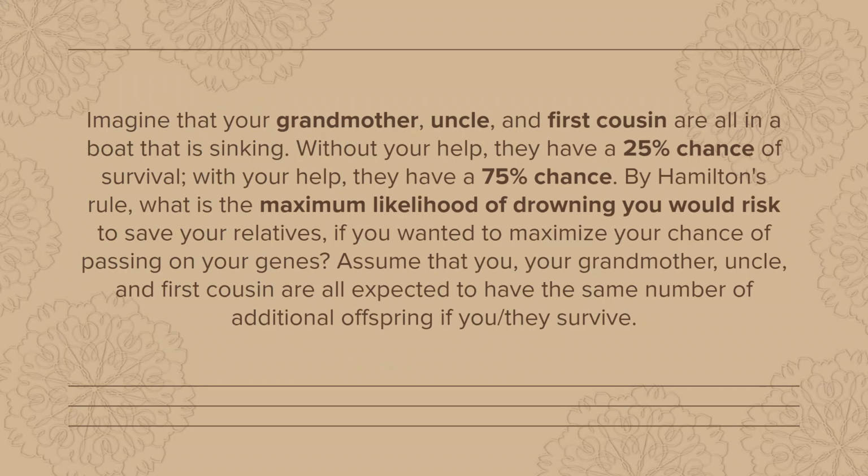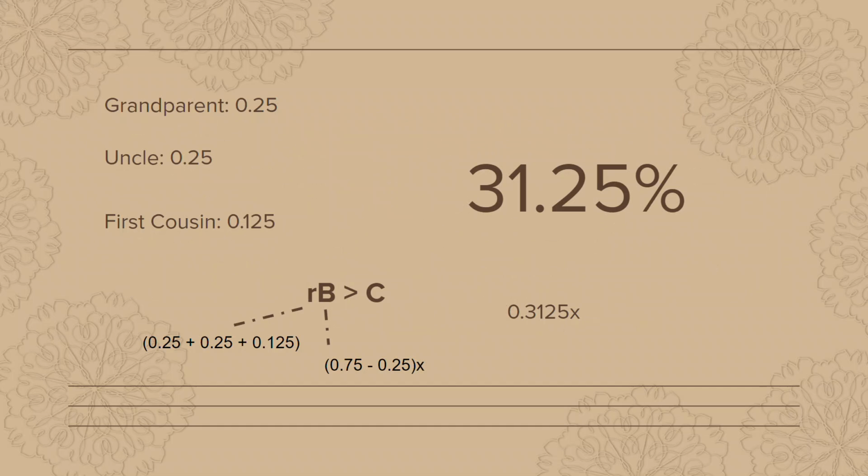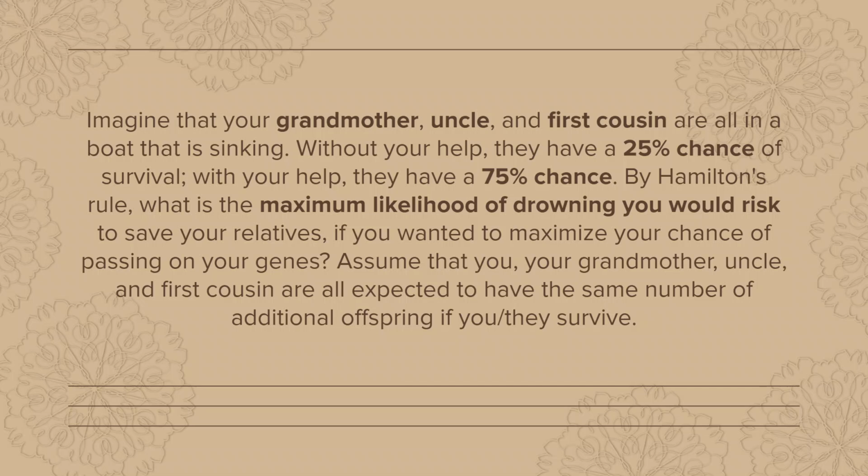In this problem, we are looking for the maximum likelihood of drowning. In other words, we're looking for the risk, not the cost. And if you recall, the cost is the risk multiplied by the number of offspring. Now, the important thing about this problem is that it never tells you the number of offspring.